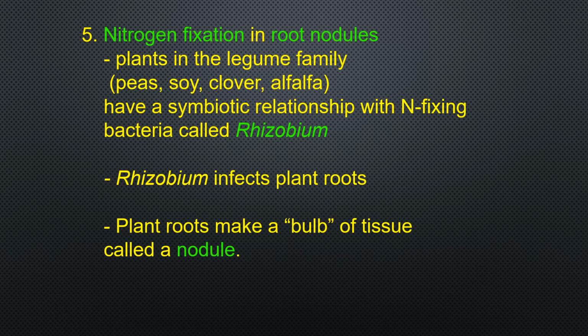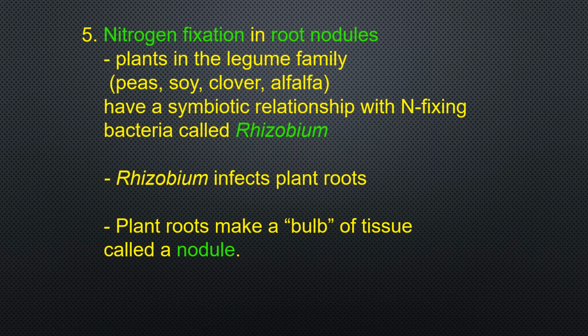And the rhizobium put out these signals to the plant cells, particularly the root hair cells. And once the plants see these chemical signals, they start to form a nodule, which is kind of like a bulb of tissue. And that becomes the place where the bacteria, the rhizobium bacteria, live within the roots of the legume plant.